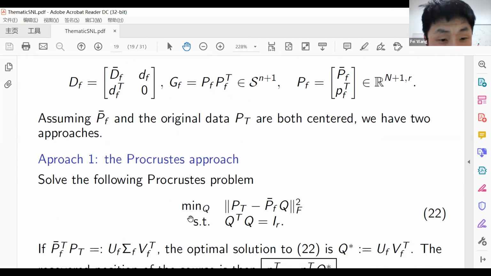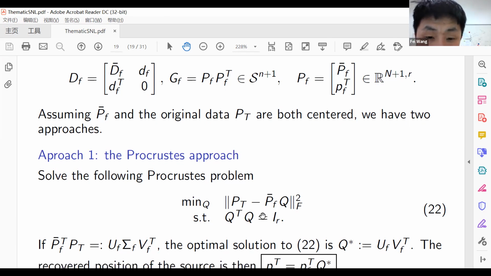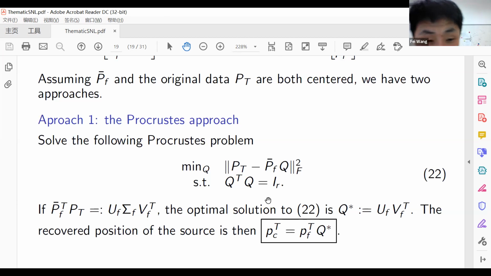So we solve the following Procrustes problem: minimize ||P^T − P_F Q||, such that QᵀQ is an identity. P^T is the towers, and P_F is what we get by solving the optimization. We want to recover it such that P_F is as close as possible to P^T, and Q has to be a rotation matrix.